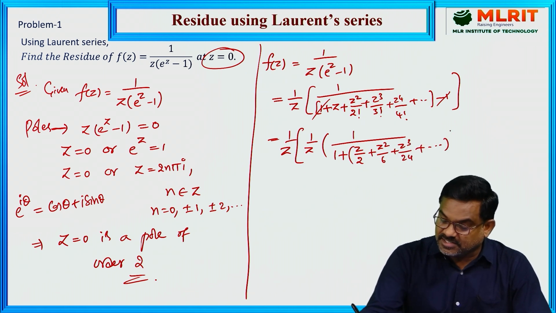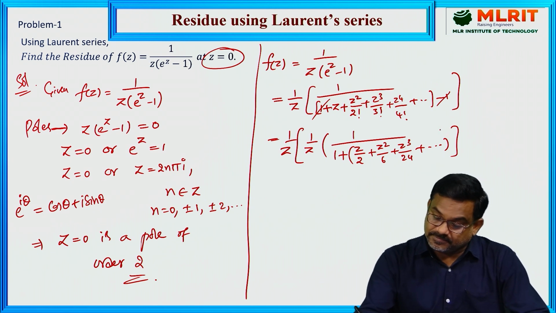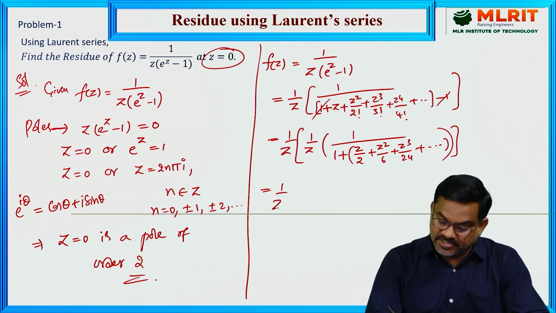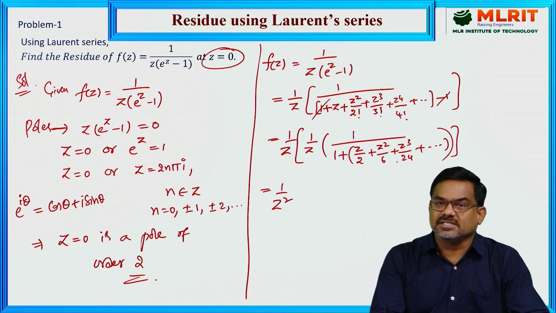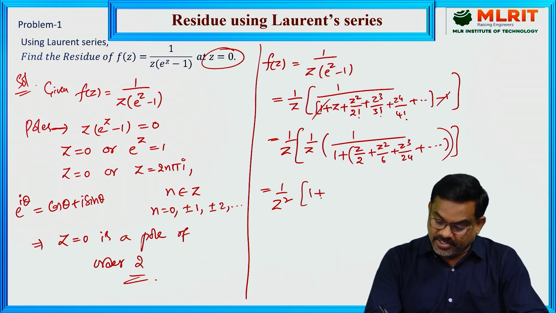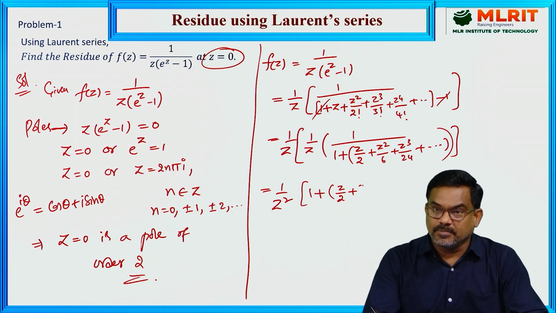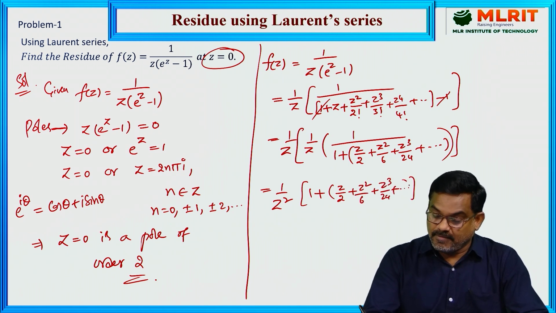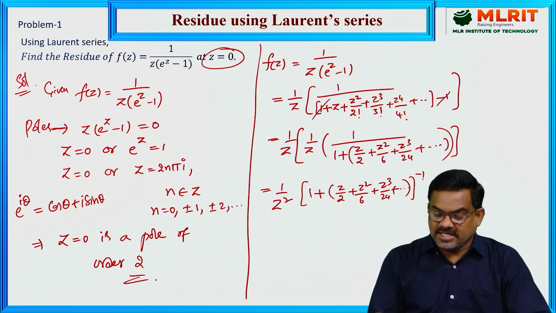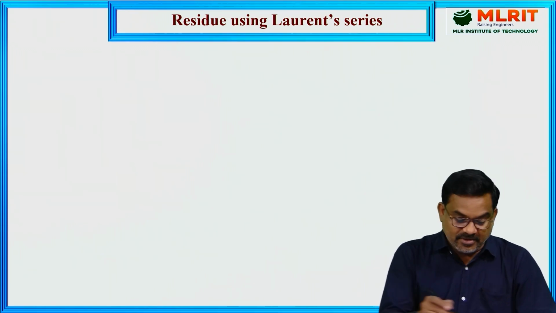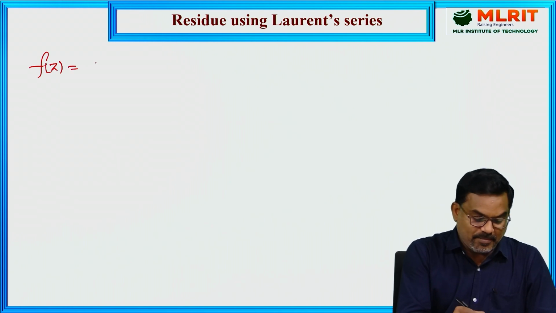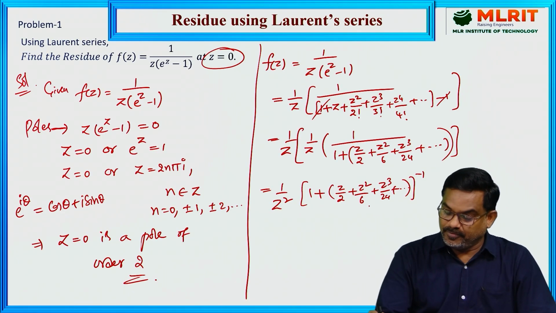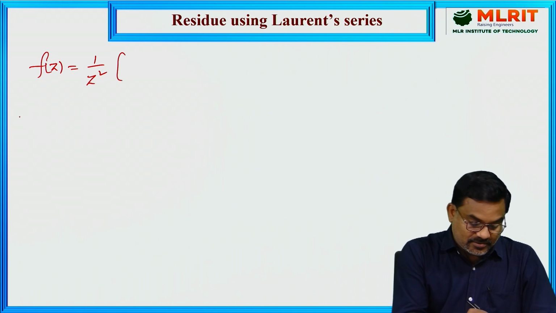I will consider this as a single term. Now this is 1 by z square into, taking this denominator to the numerator, 1 plus z by 2 plus z square by 6 plus z cube by 24 plus so on, whole power minus 1. Now let us expand this using the standard expansion: 1 plus x whole power minus 1 is 1 minus x plus x square minus x cube plus so on.